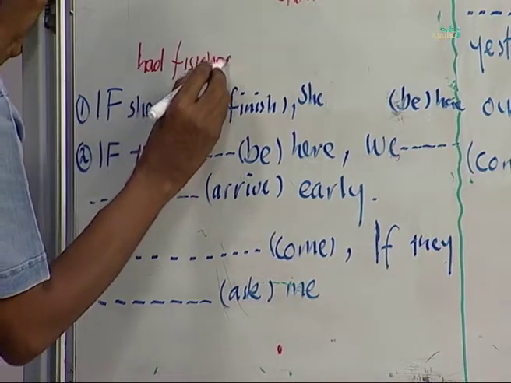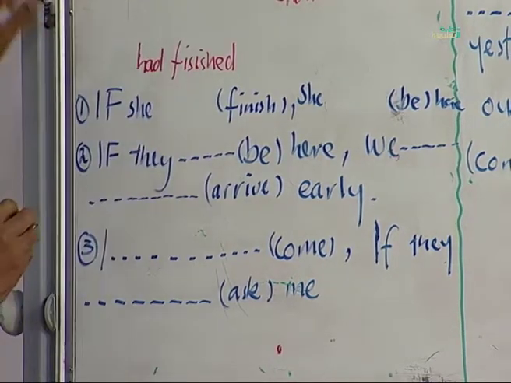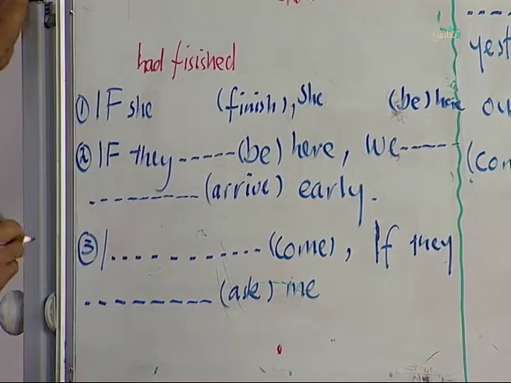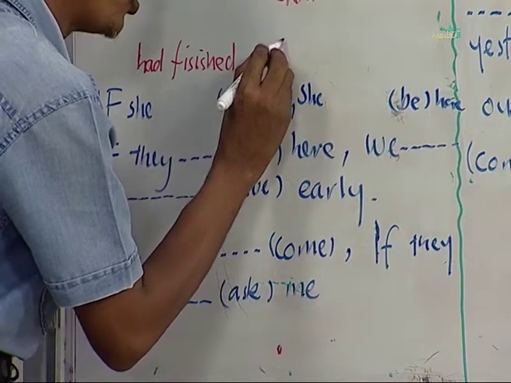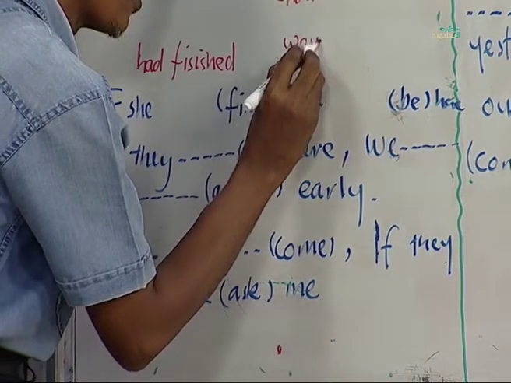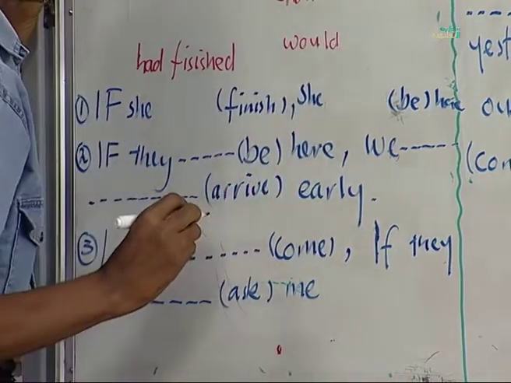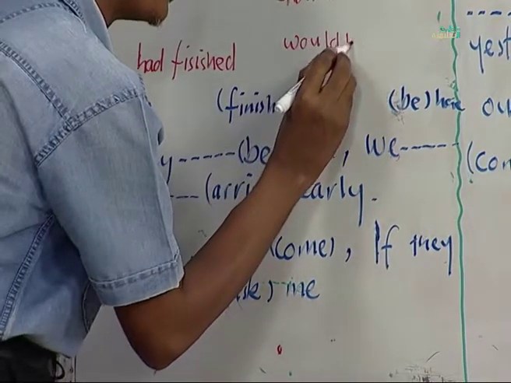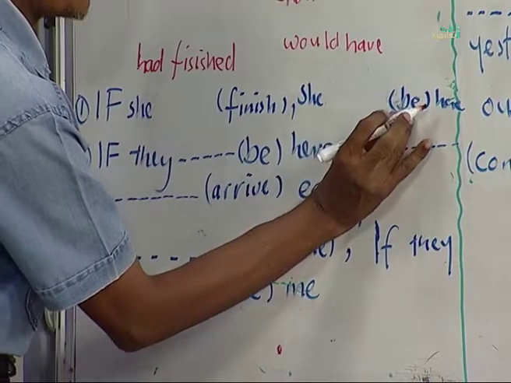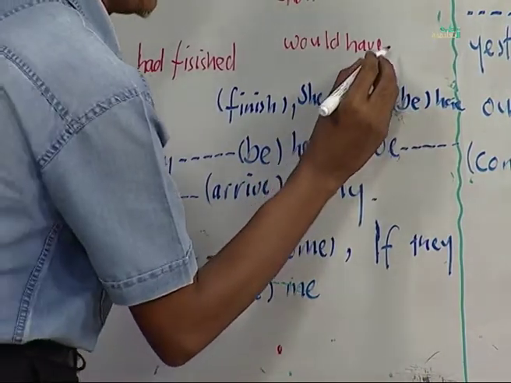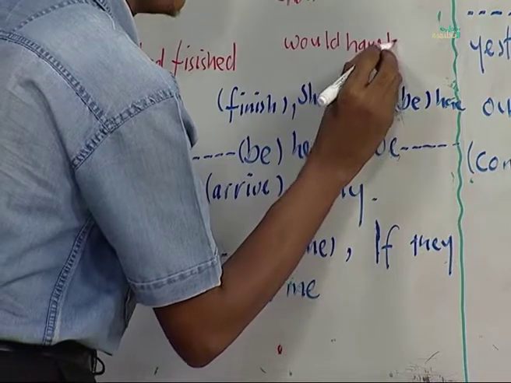If she had finished, she would have been. The main clause has would plus have, plus the past participle of the verb to be, which is been.